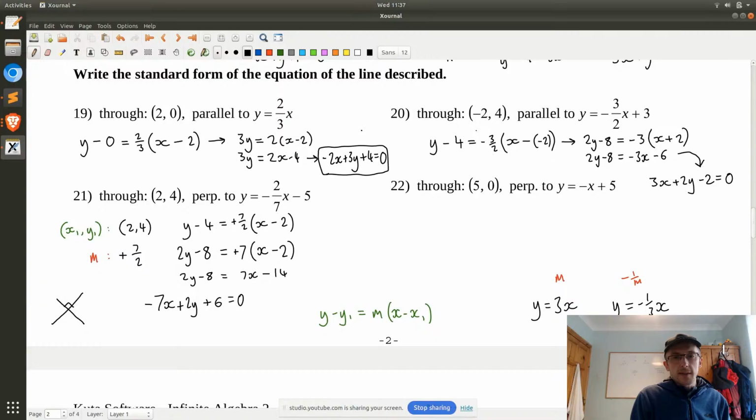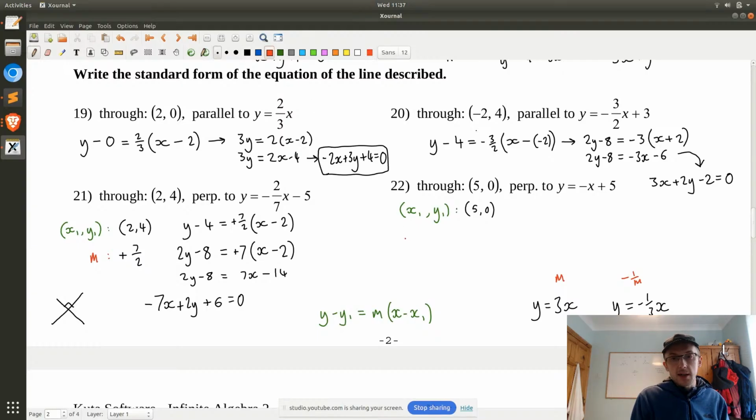Okay, so we know that it passes through (5, 0). So my x1 and my y1 are 5, 0. We know that it's perpendicular to this line right here, which has a slope of negative 1. And therefore, its gradient will be the negative of 1 over negative 1.